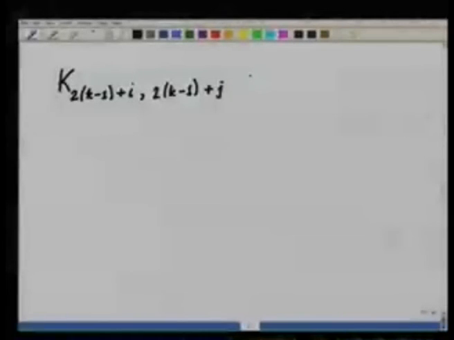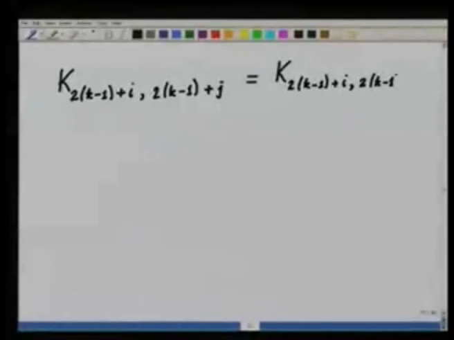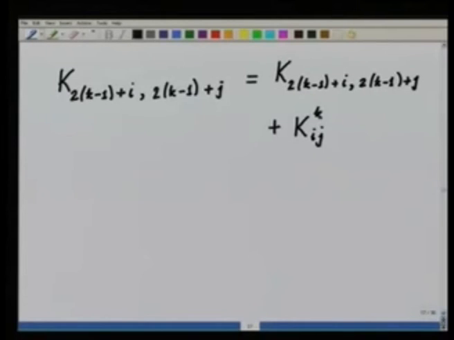So the global entry which is going to get contributions from the elements is K of 2k minus 1 plus i, comma, 2k minus 1 plus j. To the original number which was sitting there, I am going to add K_ij. So what has happened?